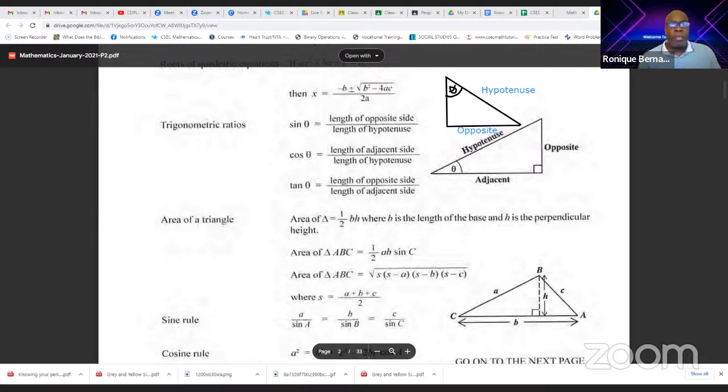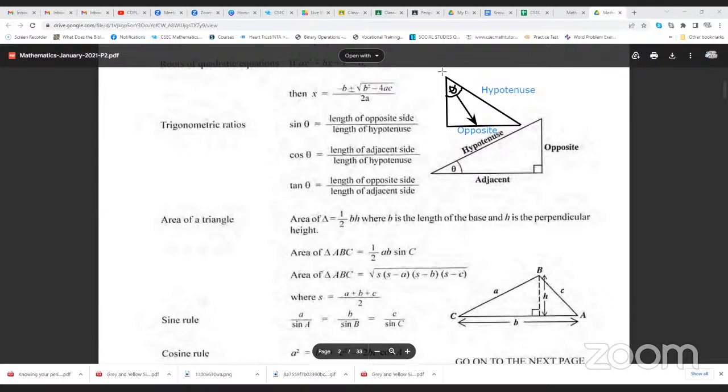To help you determine that, you can just draw an arrow from the angle and go across, and you obviously identify the opposite line. Make sense? Yes, sir. Good.